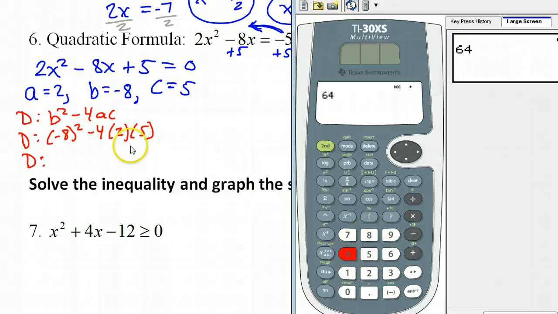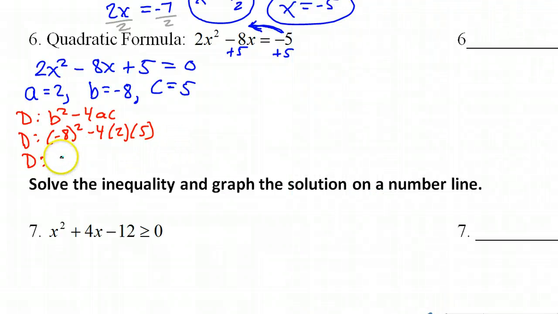And I encourage you to type positive 64 instead of trying to write negative 8 squared down. Just do that part in your head. So there's my b squared minus 4ac. Okay, so that is 24. So our discriminant is 24. Always calculate that first. Now we can go on with the rest of the problem.